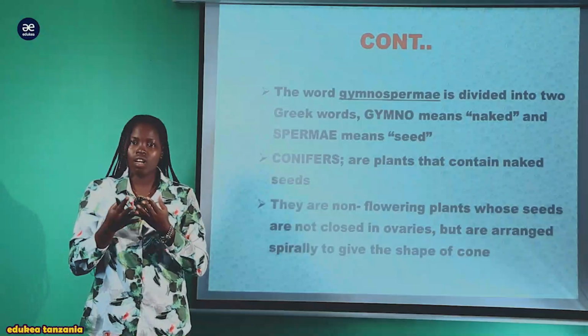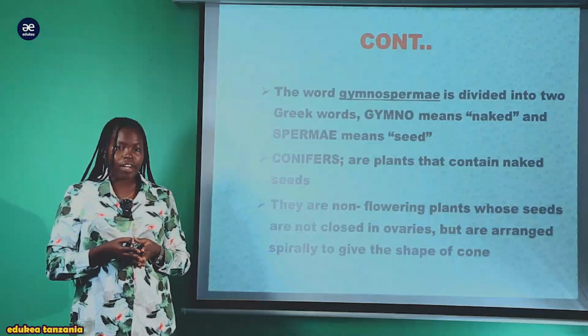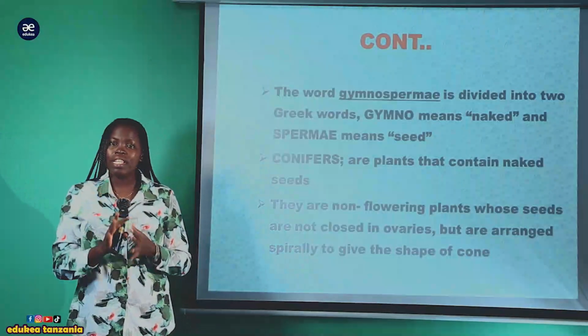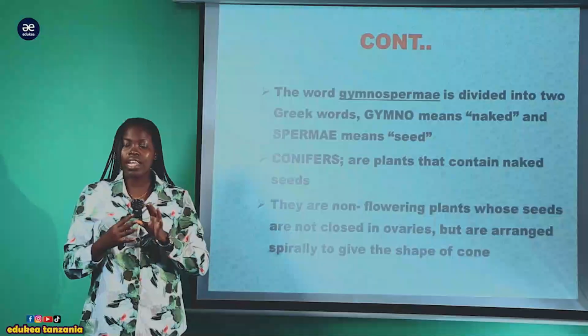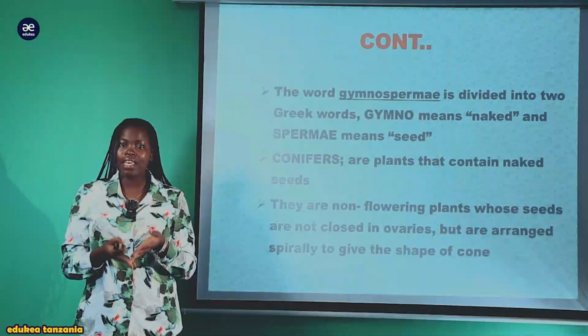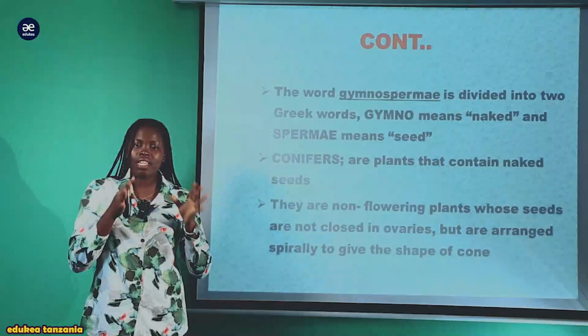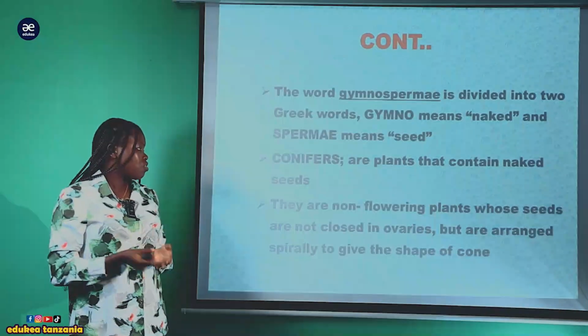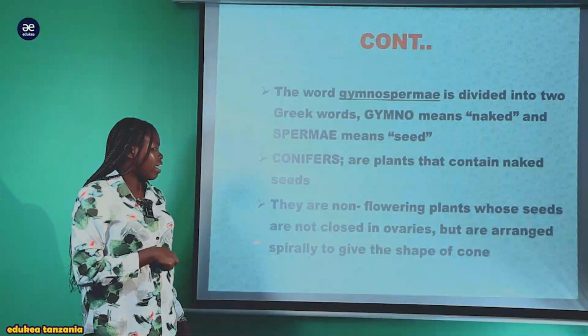Kwa unapokuwa tunazungumzia Coniferophyta au cone plant, ni zile plant ambazo zina shape ya cone like, as you see the cone is there how their seed looks like, lakini their seed are naked, meaning that they are not enclosed within the ovary. But they are arranged spirally to give the shape of the cone.